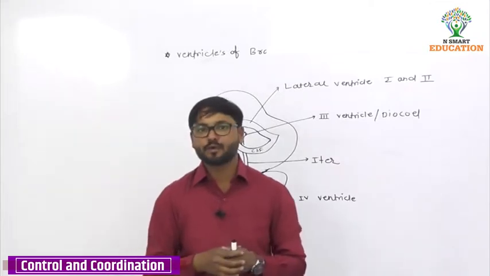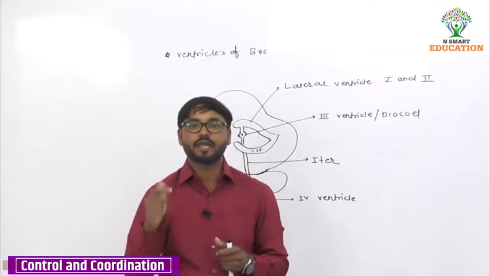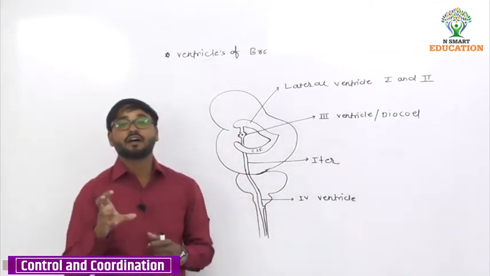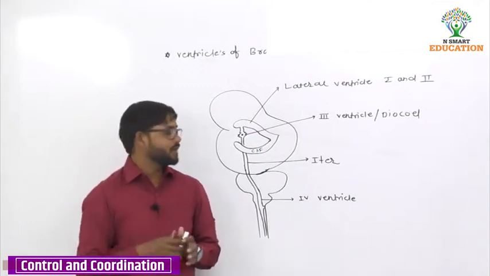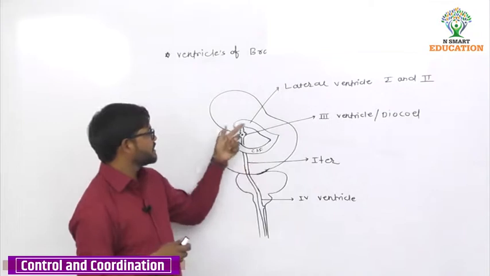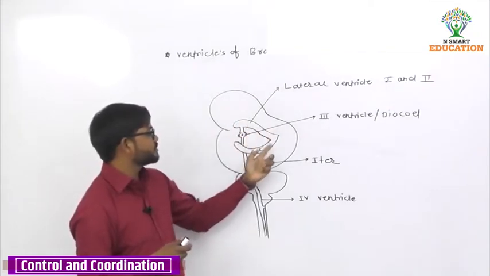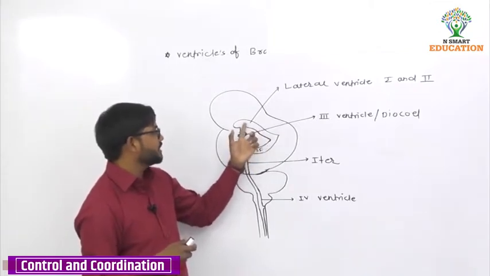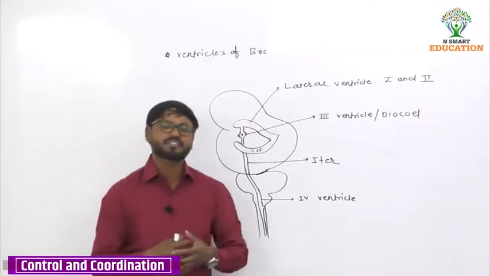One more very important thing: empty spaces in the brain are called ventricles, and empty spaces in the spinal cord are called the central canal. These empty spaces are cavities, and the ventricles are functional in nature.